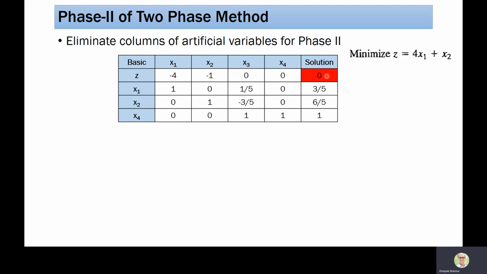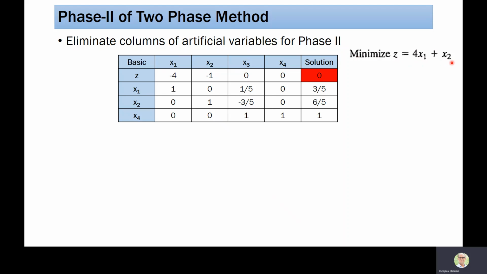Now the question is why we are removing the artificial variables here, and we did not remove them with the M method. Why are we removing them with the two-phase method? We are removing R1 and R2 because when we perform the computation, we would have to change the coefficients of R1 and R2. Since R1 and R2 are already non-basic, meaning they are already 0, they are not going to play a role in our objective function.